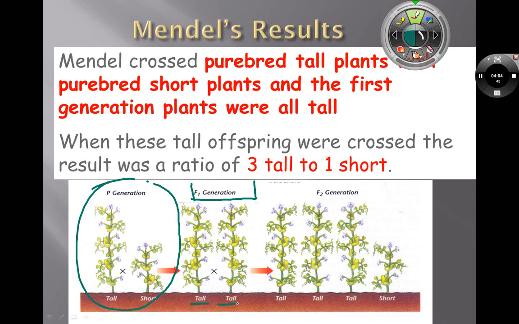He was like, what? I crossed the tall and the short, and all came out tall. Then he crossed them again, the second generation, and he finally came up with one of them shorties. When these tall offspring were crossed, the result was 3 tall to 1 short. Let's count them up: 1, 2, 3 tall, 1 shorty.